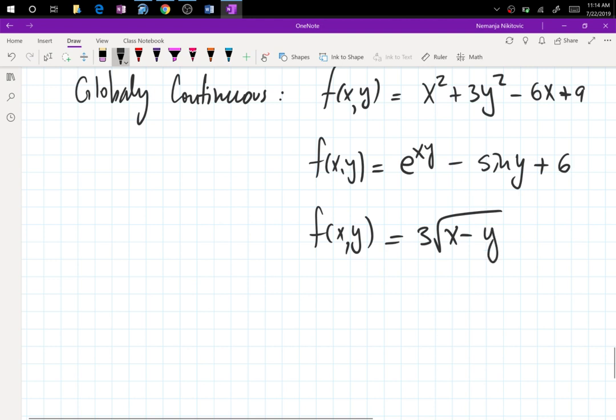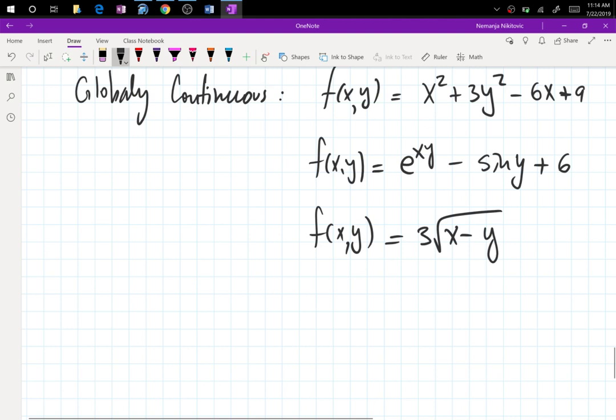Yes, its domain is restricted. It's not all real numbers, right? In our previous 2 problems, domain was all real numbers. Now it's not. You can find what the domain is, but global continuity doesn't mean just continuous everywhere in the realm. It means it's continuous in the domain that the function has.